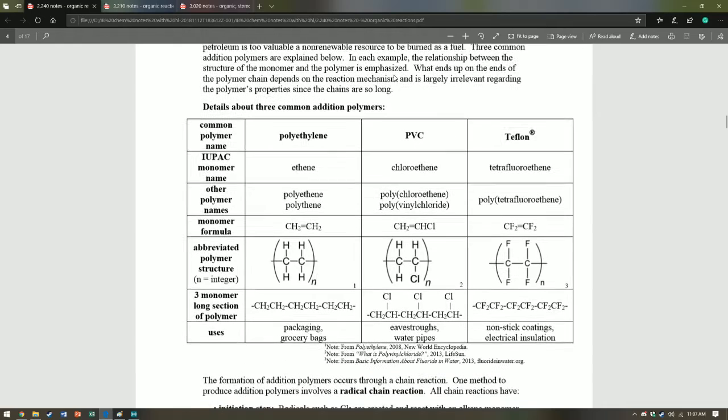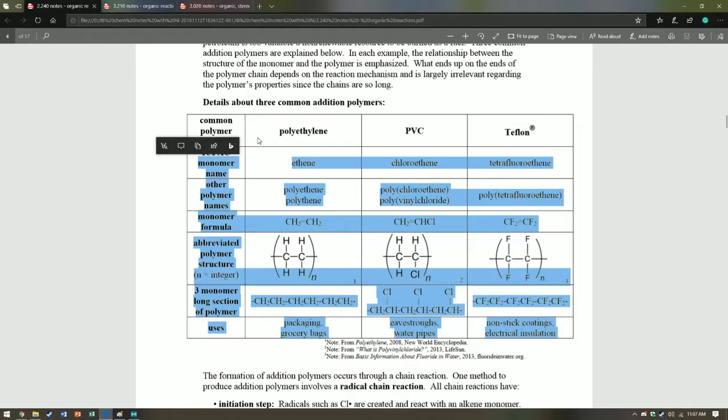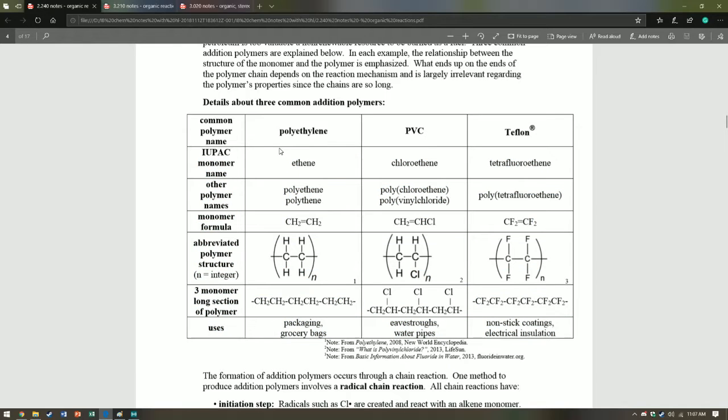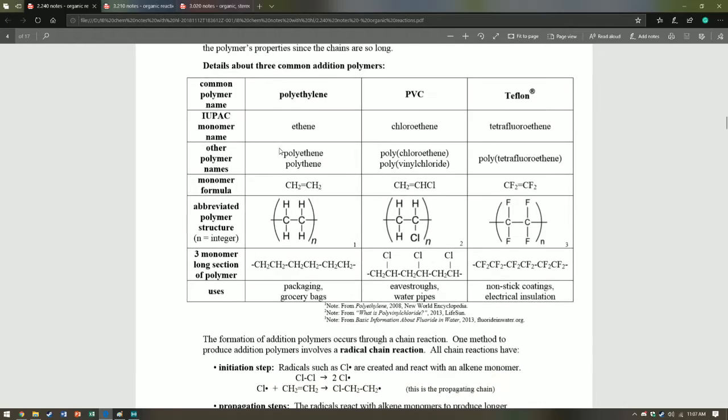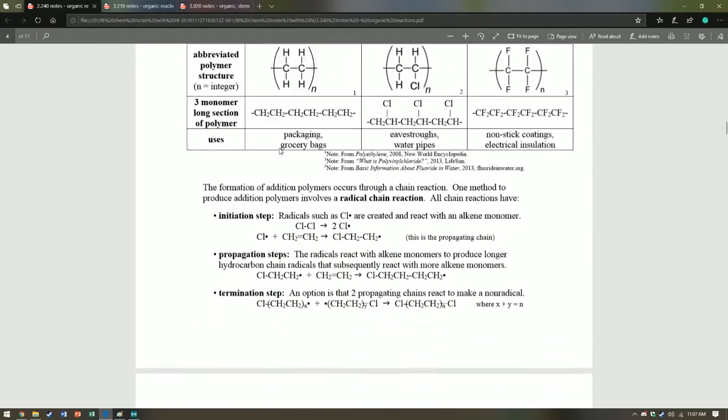Some examples of polymers you might have heard of are polyethylene, PVC, and Teflon. Memorize this chart. I hate to say it, but organic has a lot of memorizing. However, the process makes sense once you think about it logically.